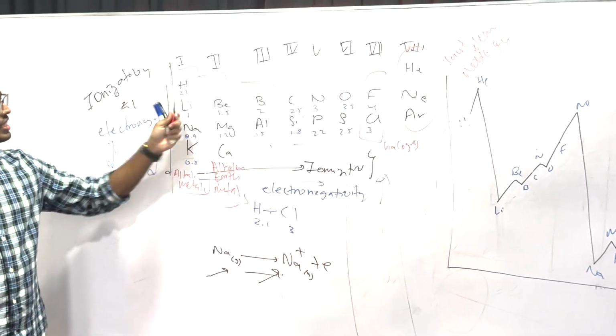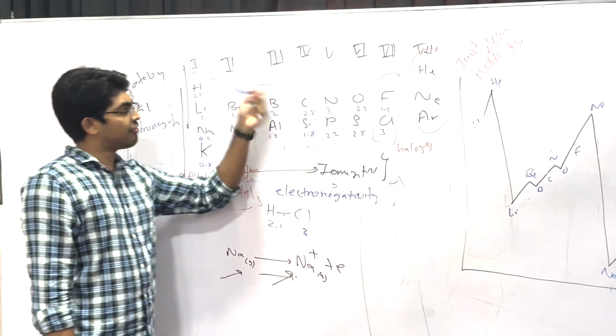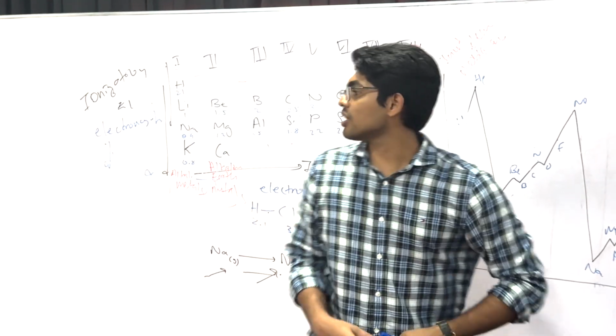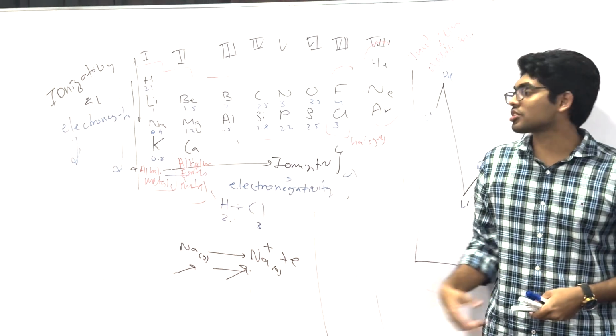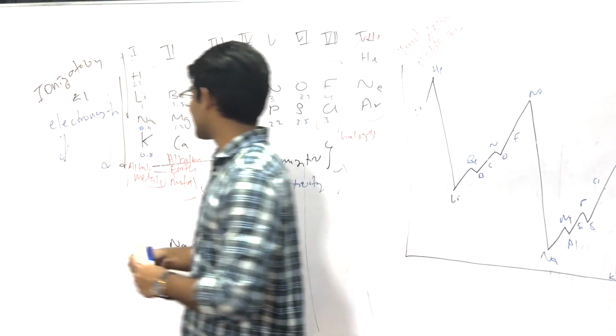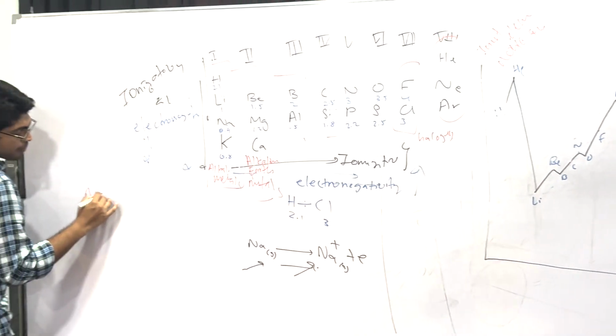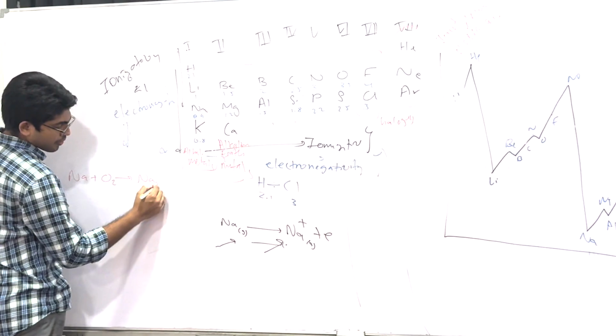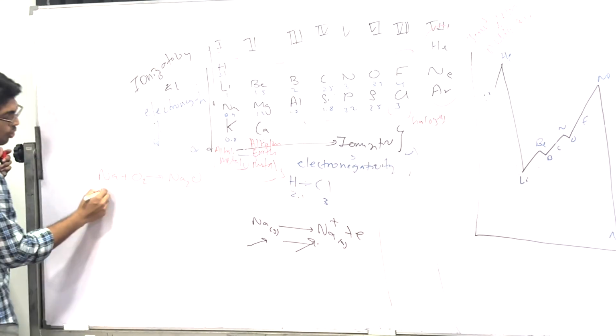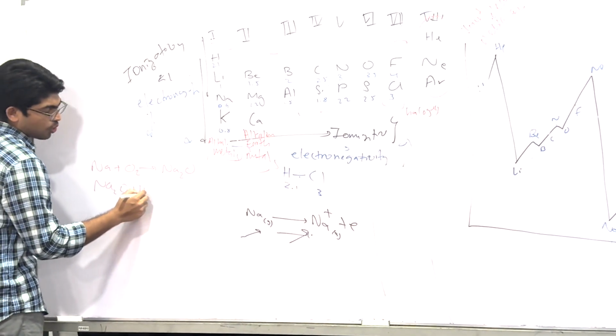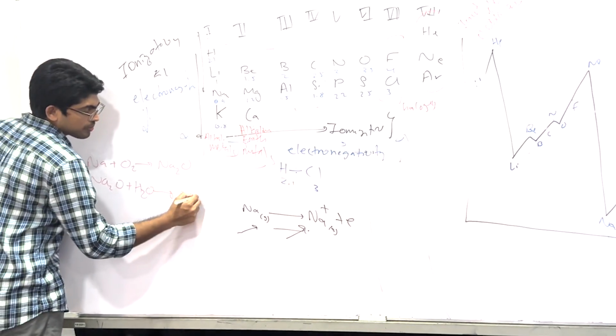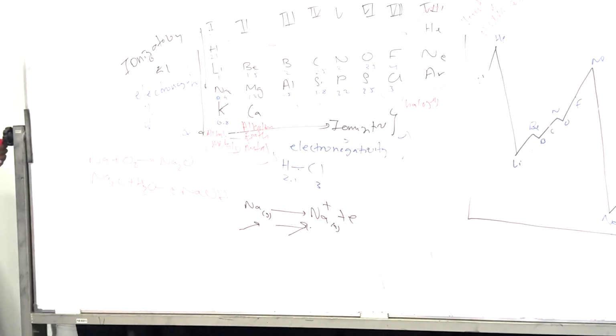The metallic oxide further reacts with water to form its hydroxide. Let's take an example. Sodium will react with oxygen to form sodium oxide. The sodium oxide further reacting with water, we get sodium hydroxide.